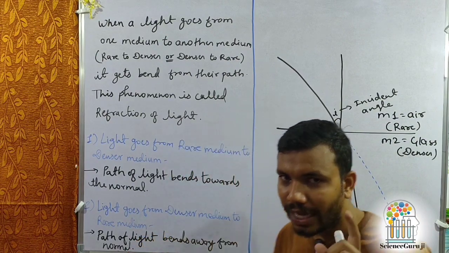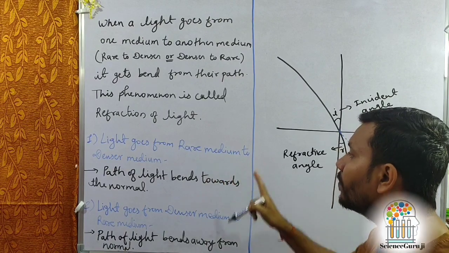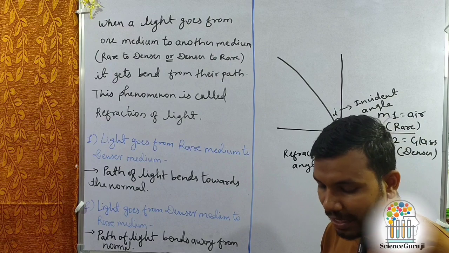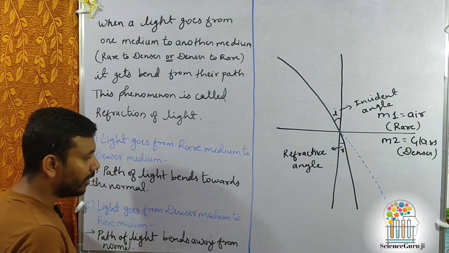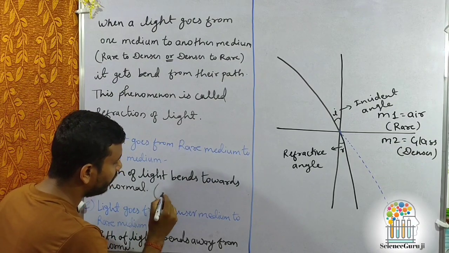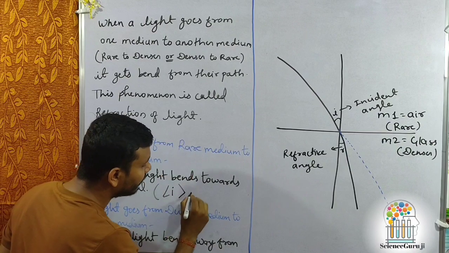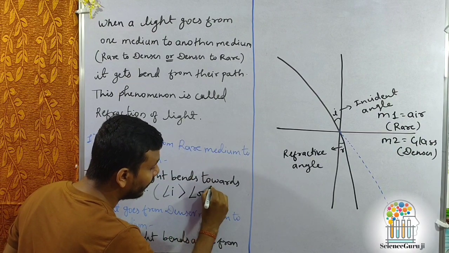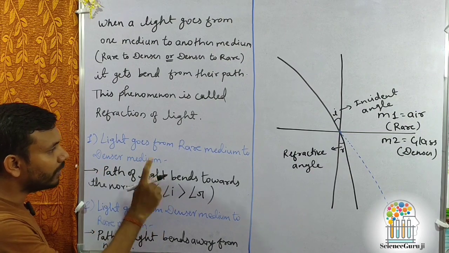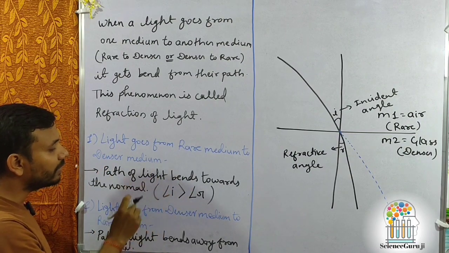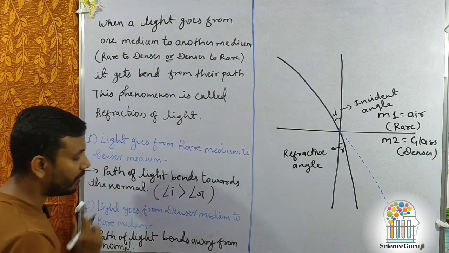Okay, one more thing I forgot. When the light goes from the rare medium to the denser medium, the angle of incidence is greater than the angle of refraction.